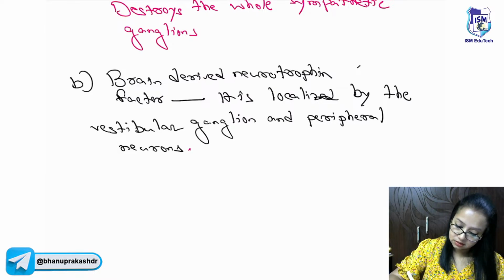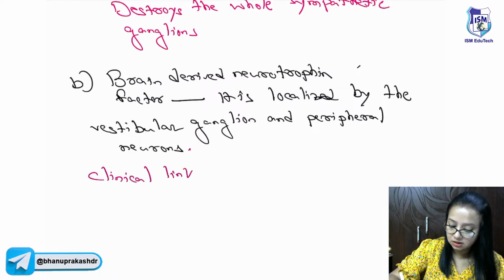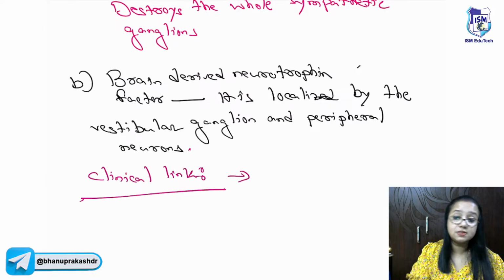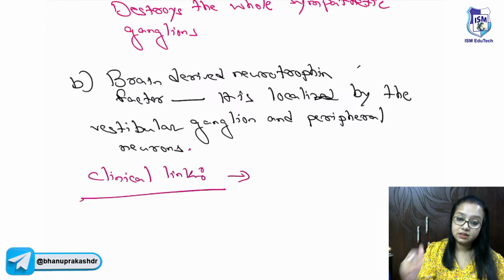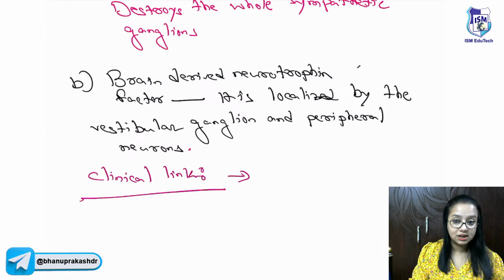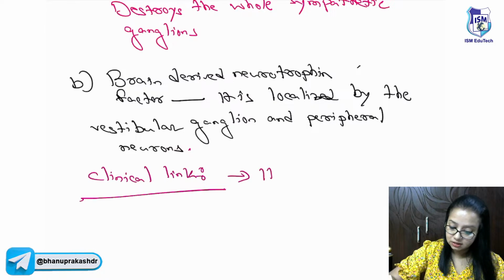The clinical link here is, we have seen that this brain derived neurotrophin factor uses the tyrosine kinase B receptor, right?